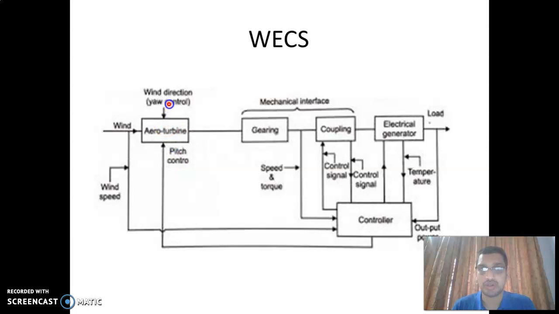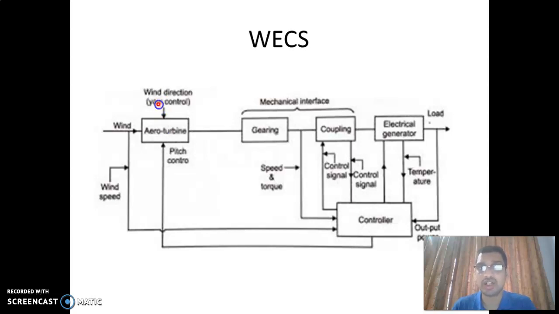Next is the yaw controller. Wind direction is not always constant; it keeps varying. So based on the wind direction, the whole structure of the turbine needs to change its position.